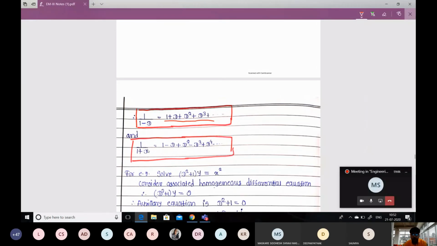And in the second formula, just replace x by capital D. So we get the formula 1 minus D plus D square minus D cube and so on. So this is about the Maclaurin series expansion, and we require these two formulas to get the solution for the x square term. Why do we need this? Simply, students, we know that the derivative of a polynomial, after taking successive derivatives, will give us 0.